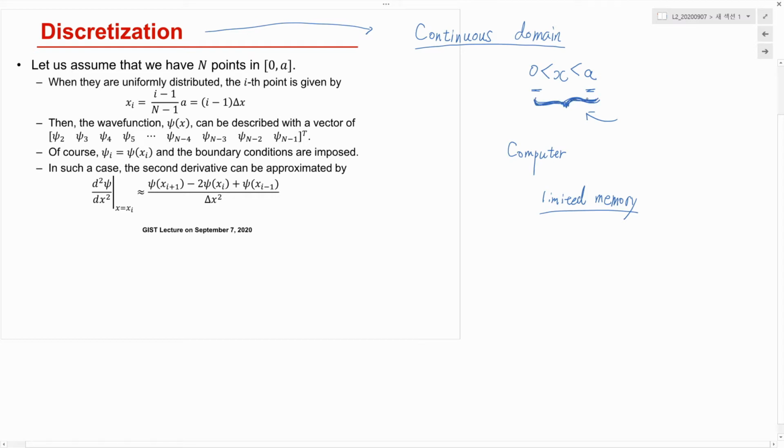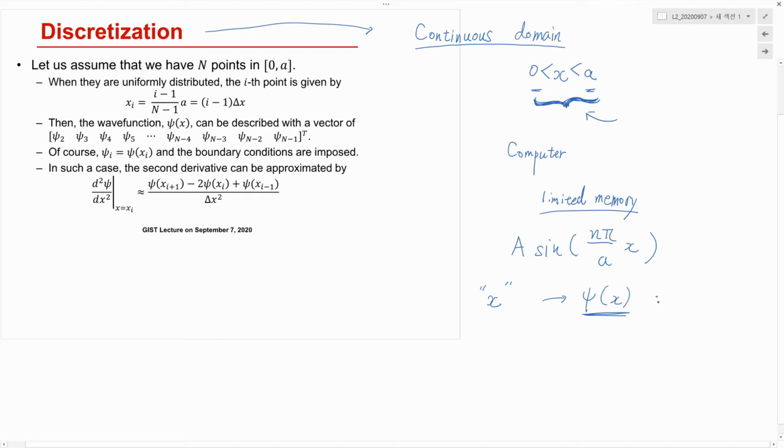That's the reason why we have to introduce a certain limitation about our capability. Once we have an analytic solution, for example, a times sine of pi x over a, then at any x value, we can find the exact solution.